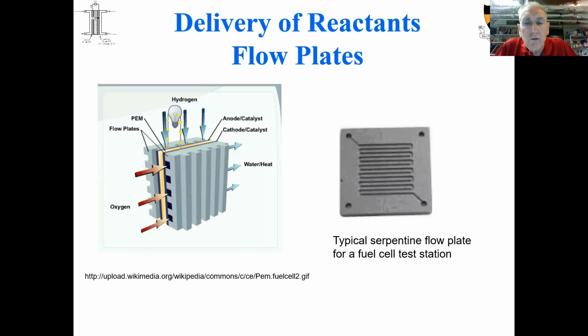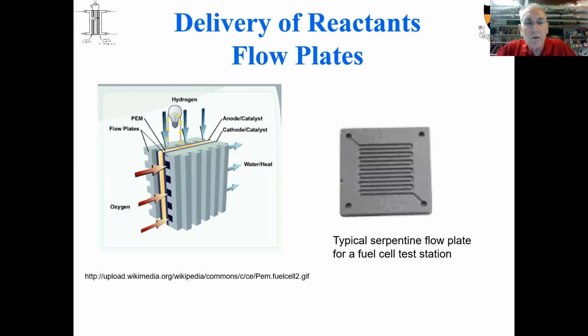If you look in commercial literature for what people sell in terms of fuel cells, they almost all use these serpentine plates. So you have a serpentine plate on one side that carries the hydrogen going in and out. You have a serpentine plate on the other side.